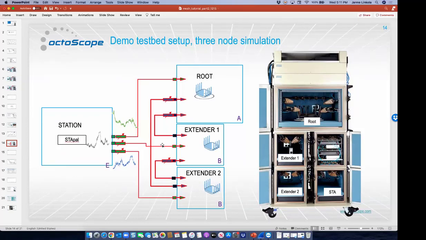Great. The reason I bring it up is that people do come to octoScope to find out about the best ways of testing functionality across a range of different features, like mesh.